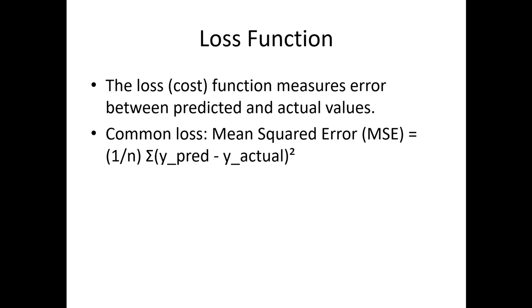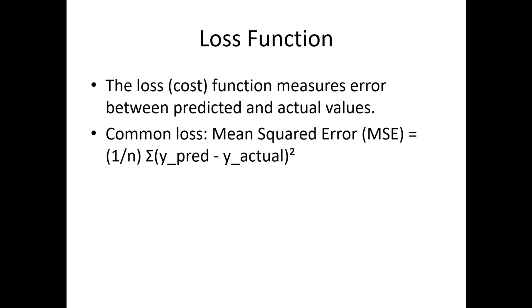Loss function. Now let's talk about the loss function, also known as the cost function. The loss function measures the error, that is, how far our predicted values are from the actual values. The most commonly used loss function in regression is the mean squared error, or MSE. The formula for MSE is MSE = 1/n times the summation of (y predicted minus y actual) the whole squared.